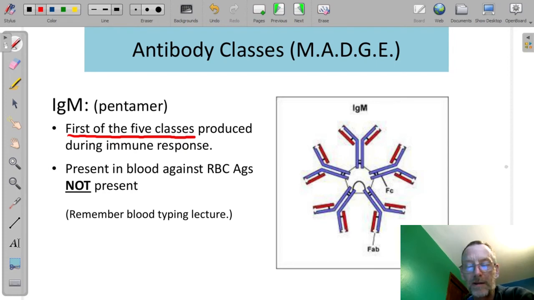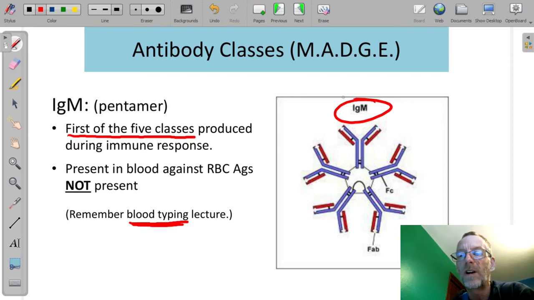I'm not going to put a lot of emphasis on that. This also is the antibody that was present in the blood when we did our blood typing. So when we were talking about anti-A antibodies or anti-B antibodies, those are IgM. Again, there are probably more important concepts to remember than that.